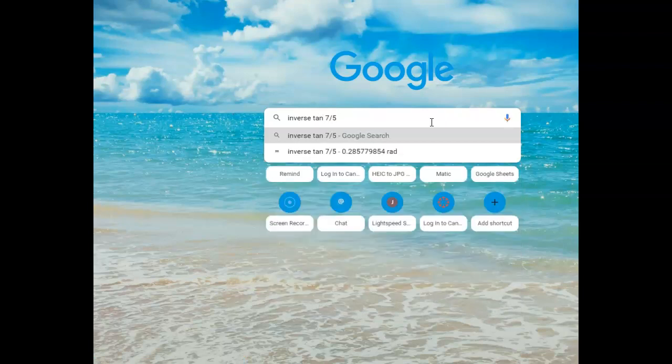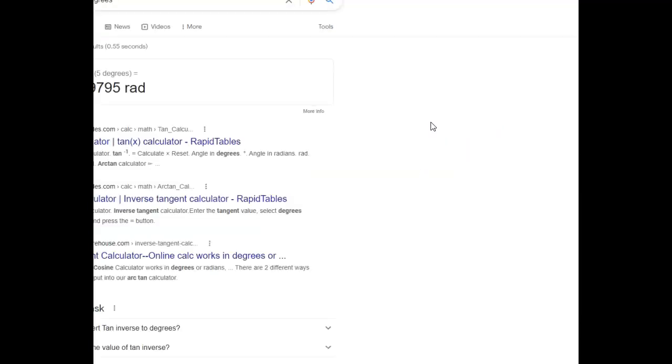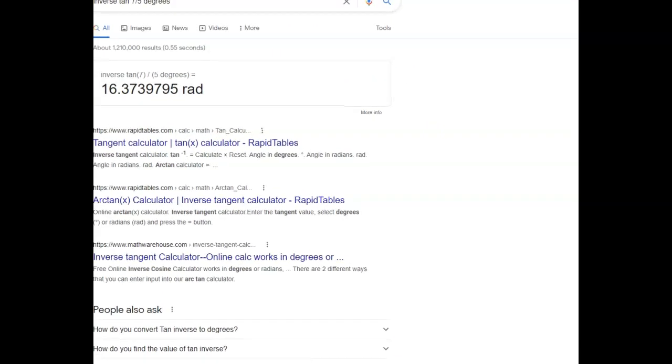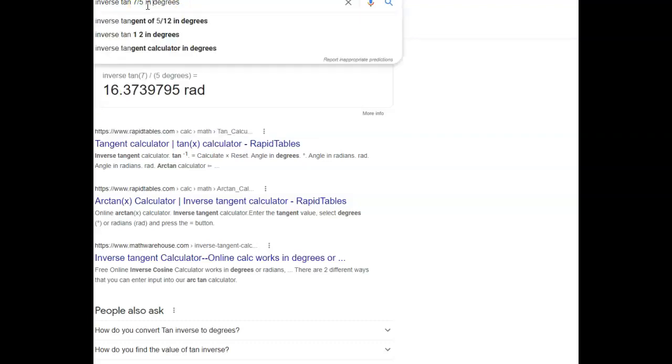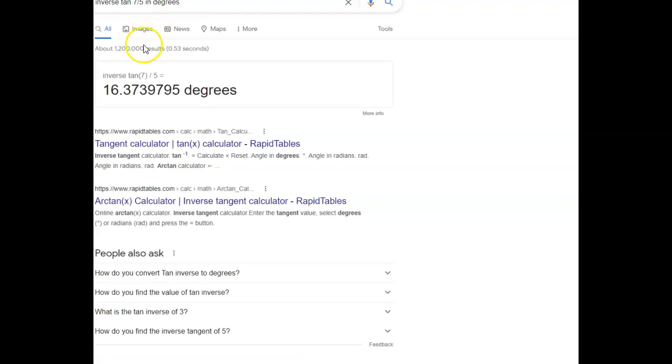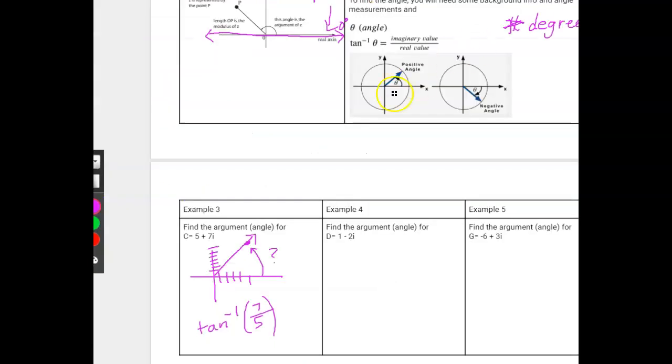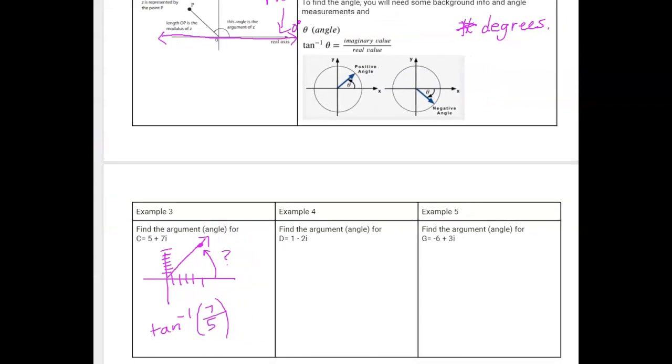And we'll do degrees. It says radians, but yep, it's the same thing. So 16.37. So I did a bad drawing, and I'm just going to go to 2 decimal places.